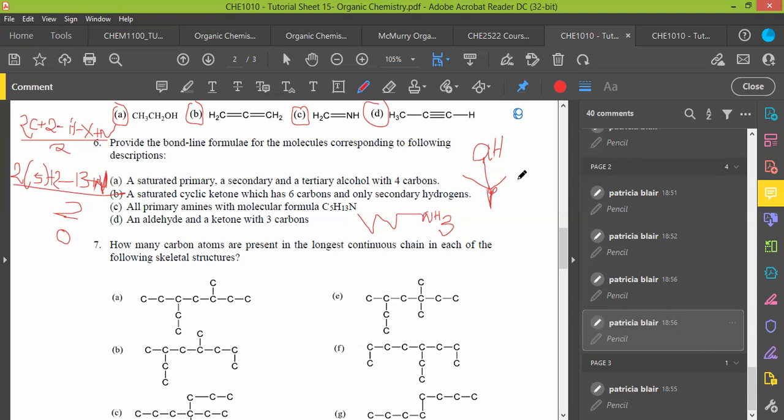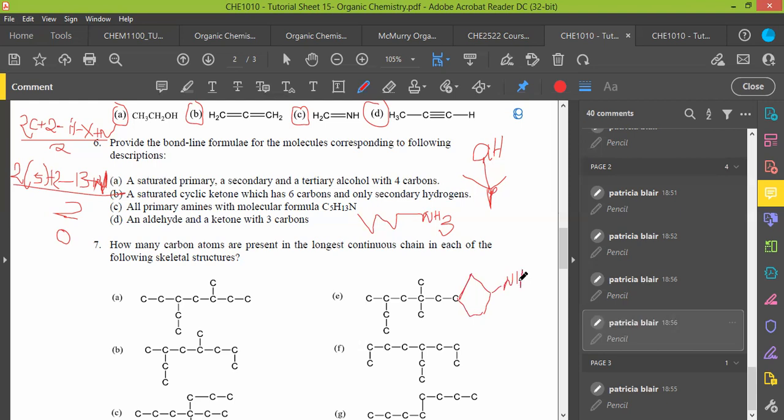Now, because only one carbon is attached to the amine, these are known as primary amines. You can make a cyclic one, these are 5 carbon atoms, and then they attach to the nitrogen like this.